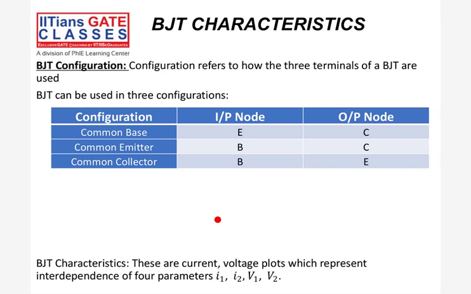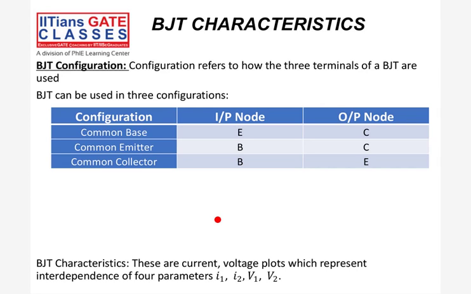So based on how the BJT is used in different configurations, we named them: common base, common emitter, and common collector. As the name suggests, common base means the base will be common, and of the other two, one will be input and the other will be output. So one terminal will be common, one is input and one is output. Like that we can use any three terminal device, any BJT.